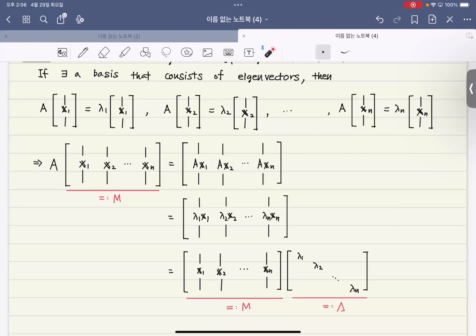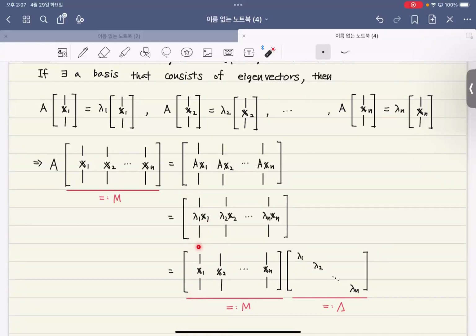Now this is an interesting part. I can write this matrix as the matrix M times a diagonal matrix. Why? Because the first column has lambda 1 and all the other entries are 0. So x1 times lambda 1, and 0 times the others, and the sum of all such vectors goes to the first column.